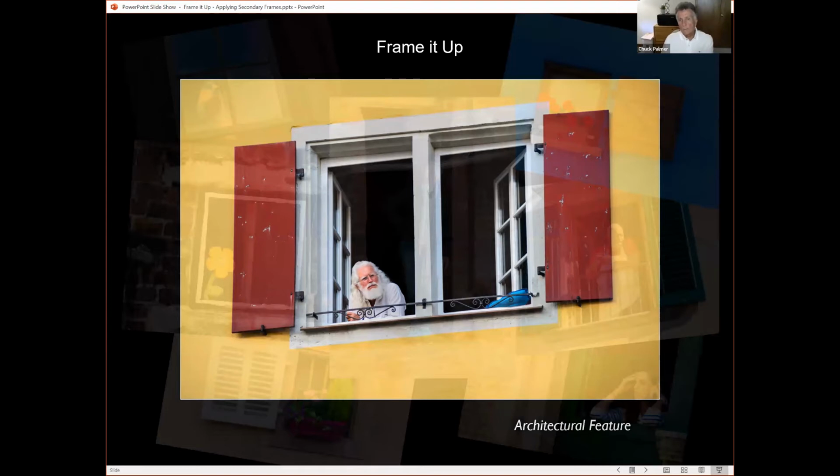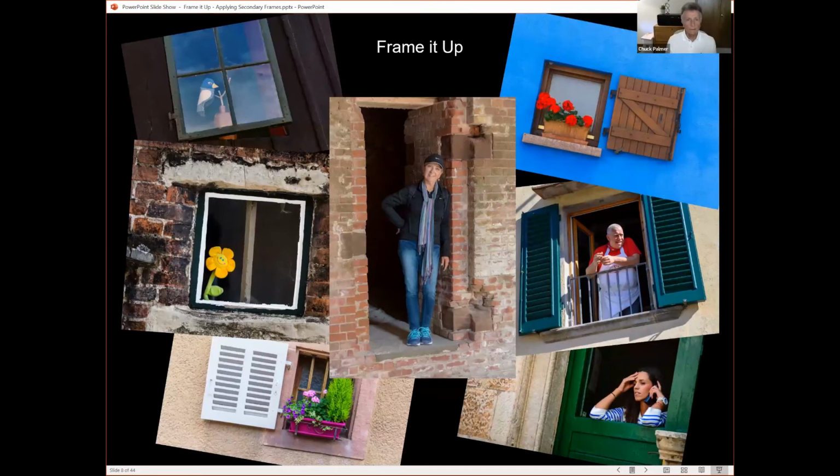We could review many classic examples of secondary frames where I've photographed the subject through a physical window, door, or archway. I would guess that many of you have done the same thing as well. We're going to spend less time discussing these types of secondary frame examples since they're pretty common.